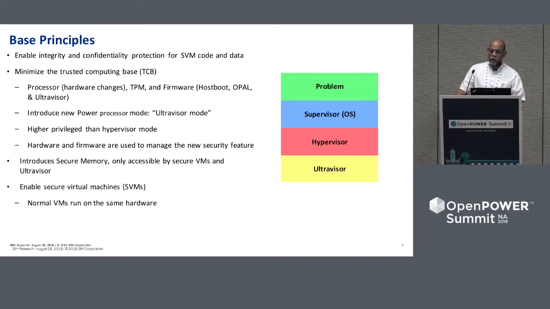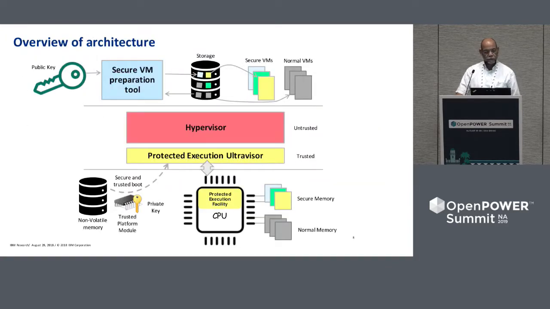We introduce a concept into the architecture called secure memory, which can only be accessed when you're running in secure mode by a secure VM. And we allow both a normal virtual machine and a secure virtual machine to run on the same platform. And the overhead associated with the changes is only on the secure virtual machines.